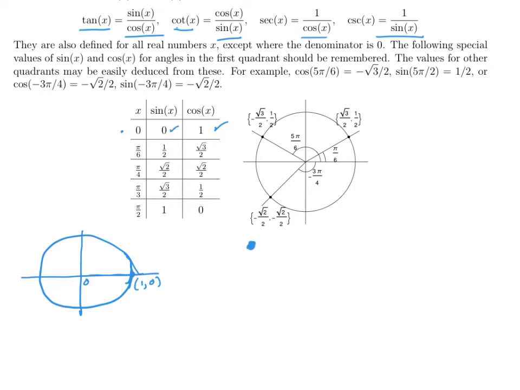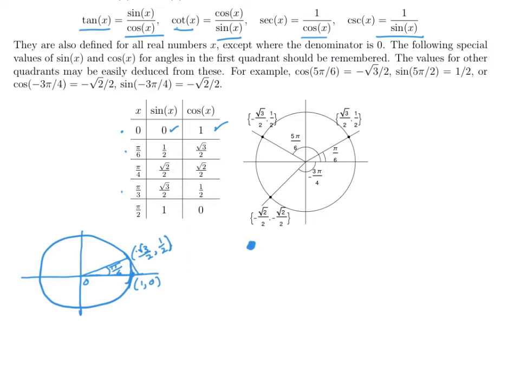So that gives you that cosine of the angle here, 0, is 1, and sine of the angle is 0. It's good to memorize either pi over 6 or pi over 3. Pi over 6 corresponds to 30 degrees, but we always measure in radians. If you draw the ray that comes from the origin making the angle pi over 6 with the horizontal axis, then it cuts the unit circle at the point (√3/2, 1/2).